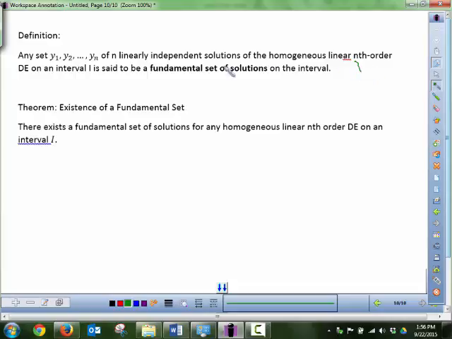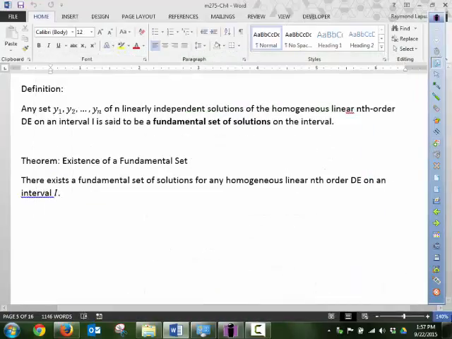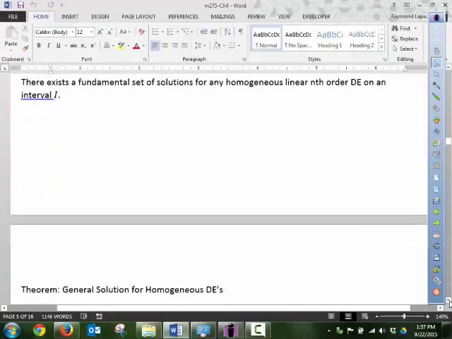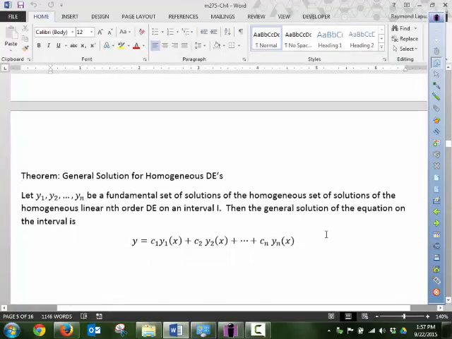If you have an nth order differential equation and you found n linearly independent solutions, then all those solutions are the fundamental solution set for your differential equation. All right? There's that existence theorem again, and then the last theorem here says that the general solution is equal to this.